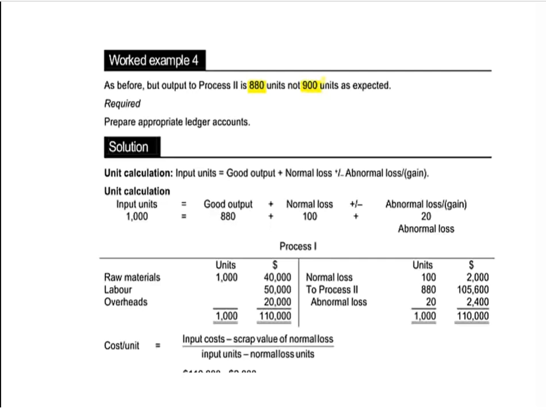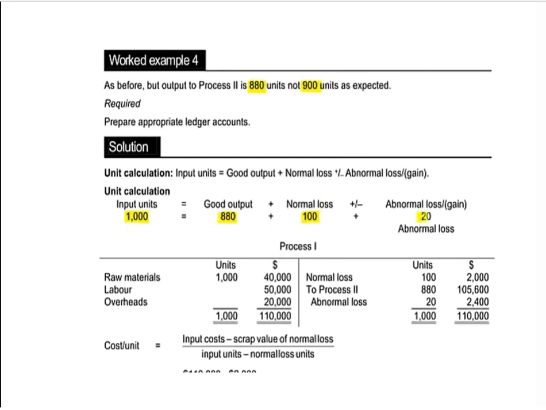So we start off then by looking at our units calculation, and we've got our input of 1,000, good output of 880, and a normal loss of 100. Now you notice that in the scenario information we're not told about the abnormal loss, and you need to do this unit calculation so that you identify if there are any abnormal gains or losses, because you won't necessarily be told about them in the scenario.